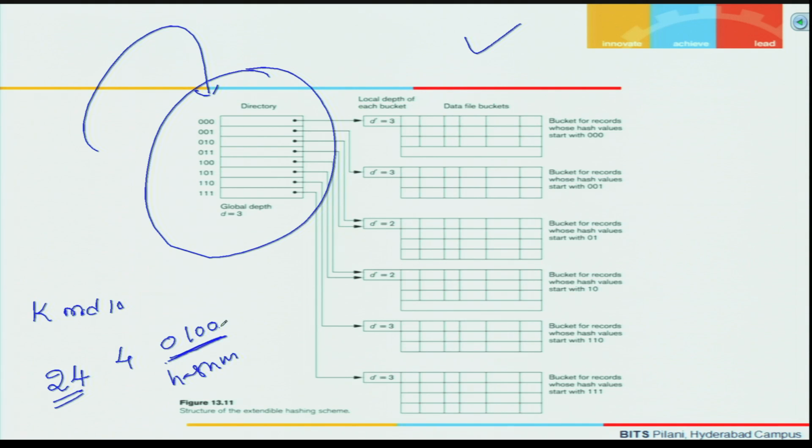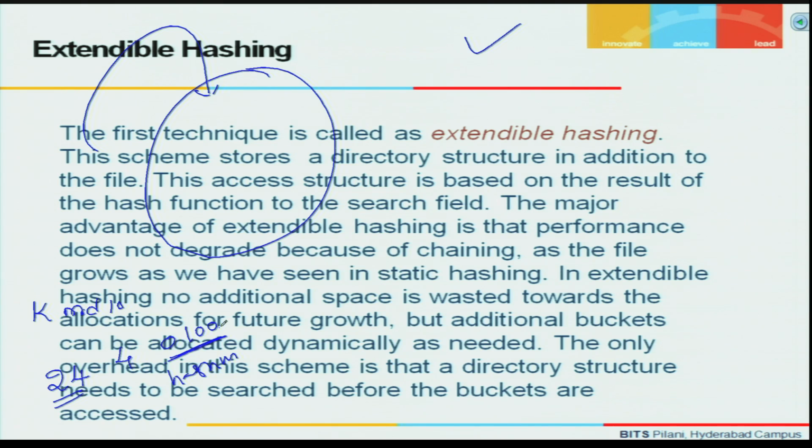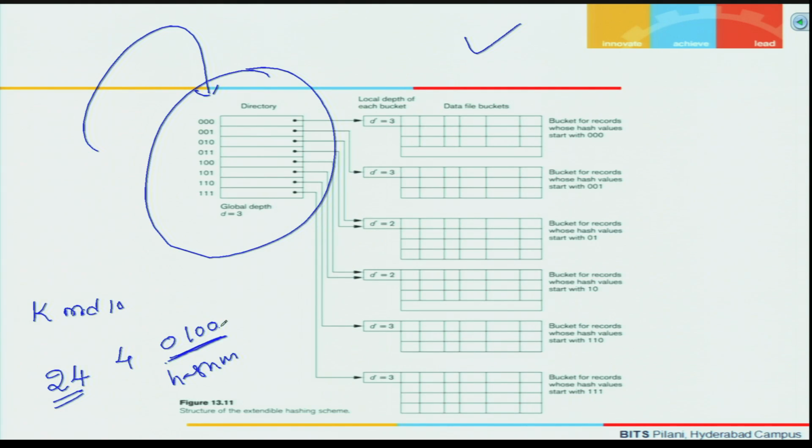Here I will be using leading bits. That means the result of applying the hash function on key value 24 is 4, and this is the binary representation. Let us assume I am going to use 4 bits for binary representation of a non-negative integer.